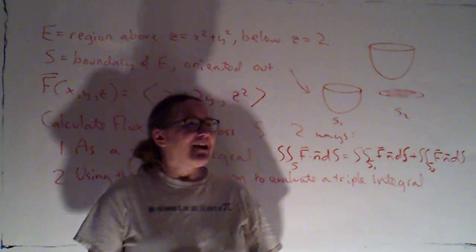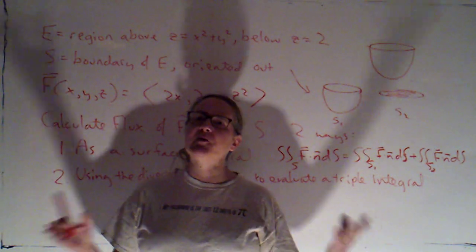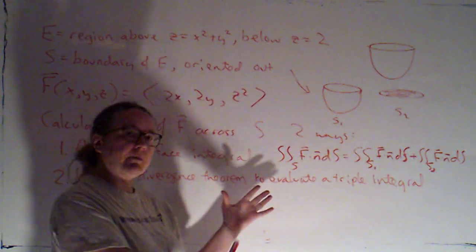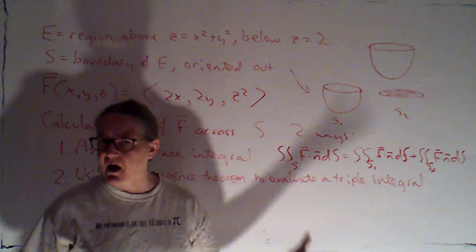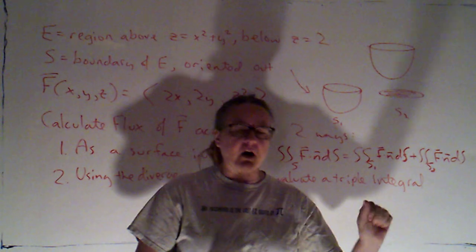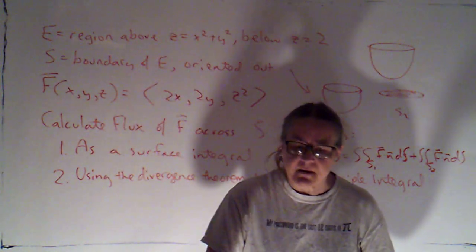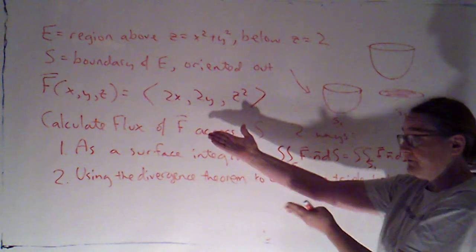Now, back in the good old days when I gave exams and I was actually in the same room as the students, I could watch their faces as they would do a problem like this. And very often one way is a lot quicker than the other. So they'd maybe do the quick way first and then they'd do the longer way. And then you'd see them finishing and looking back to say, did I get the same answer? Because we're doing the same thing. The flux is the flux.